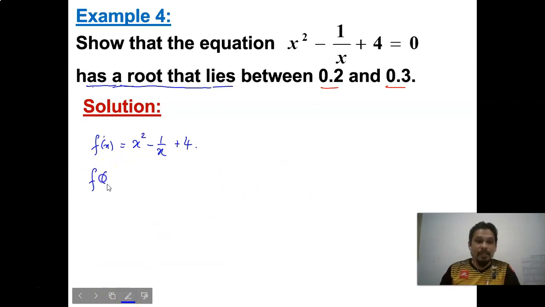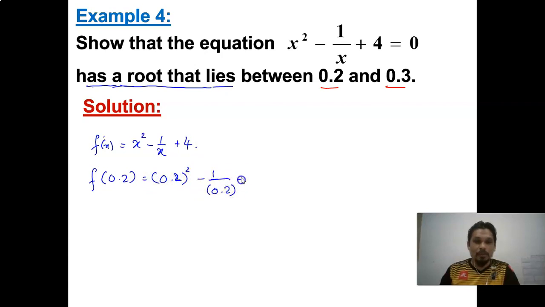Now let's try with f(0.2). It's 0.2 squared minus 1 over 0.2 plus 4. I'll try by myself using the calculator: 0.2 in bracket squared, then minus the fraction of 1 divided by 0.2, and plus 4.